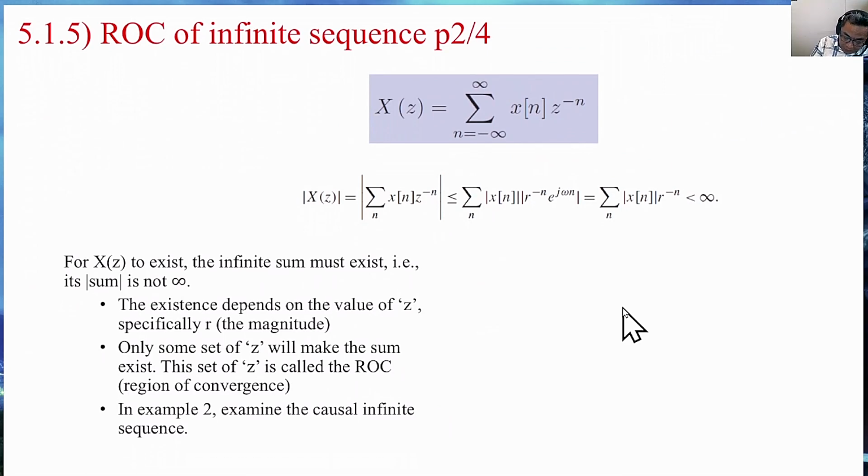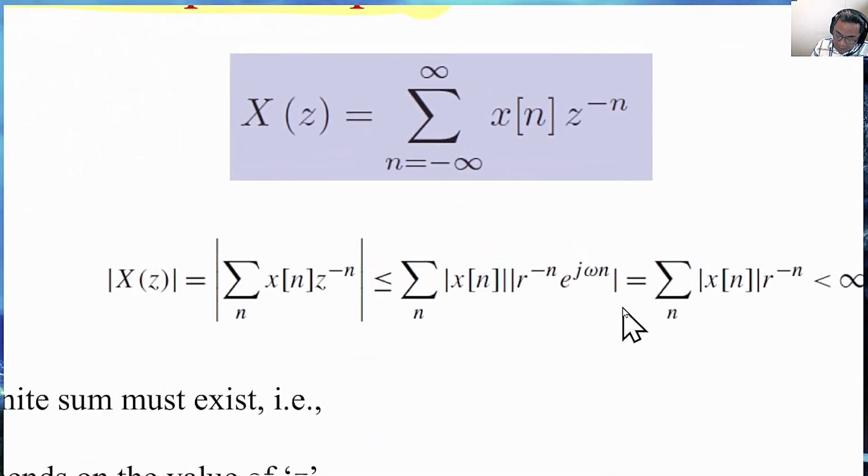Right, sorry, for this page we are talking about infinite sequence now. So for infinite sequence, let's begin with the bilateral z transform again.